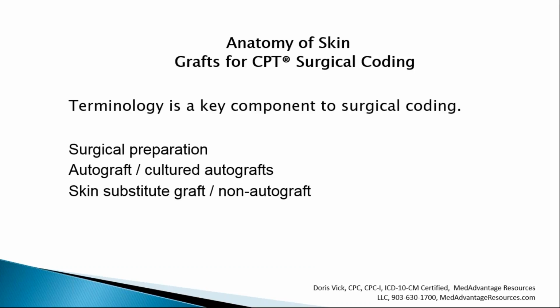Also become familiar with the definition of a surgical prep. This is not prepping for a surgical sterile field. This is preparing the skin to receive a graft. There are detailed instructions and definitions in the CPT coding manual addressing surgical preparation. Also learn about autografts or cultured autografts.